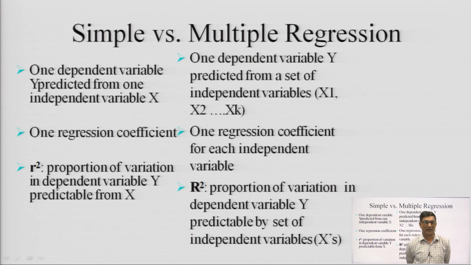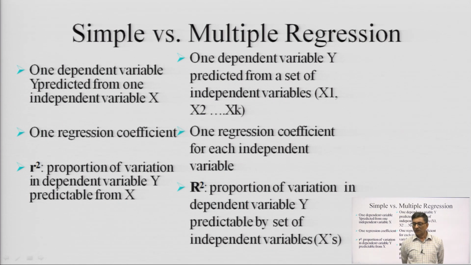So, for example, if we want to predict the height of a person with the age and gender, then we have a separate regression coefficient for age and another regression coefficient for gender. So, in this case we have two independent variables, so we have two regression coefficients.